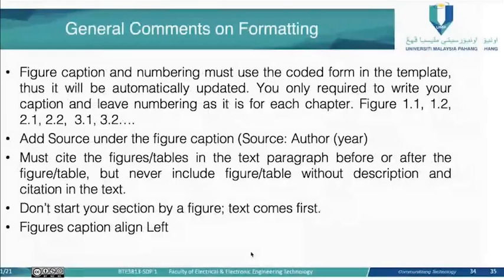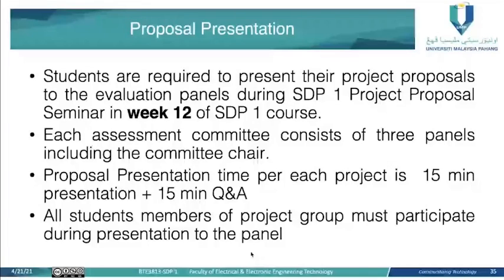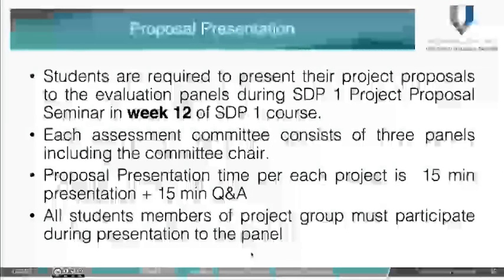Proposal presentation here will be in week 12. I mean, you still have like 4 weeks from now, roughly 1 month, to present your proposal to the panel. Your panel will be 3 panels, and you are going to have 15 minutes for presentation and 15 minutes for question and answer.